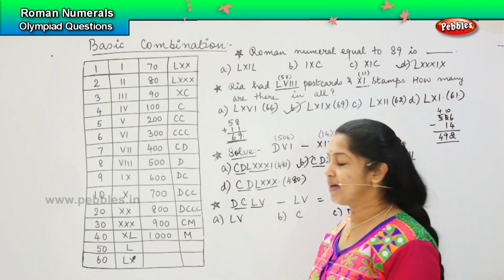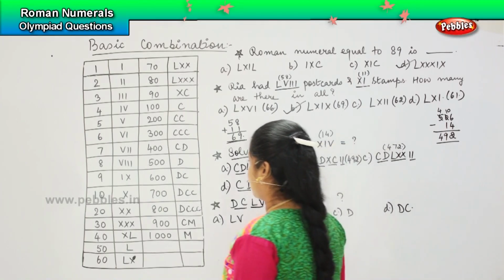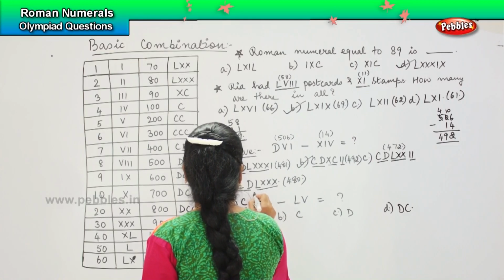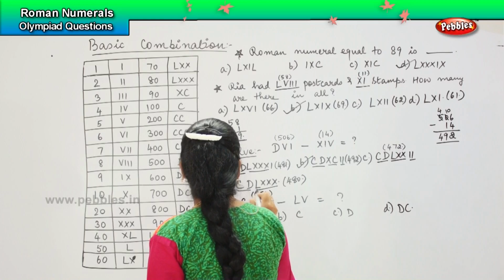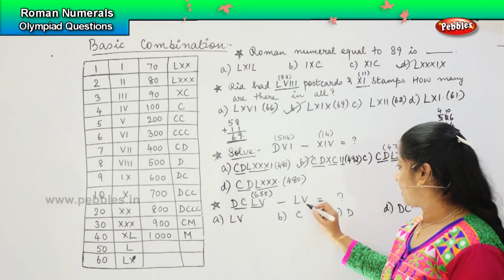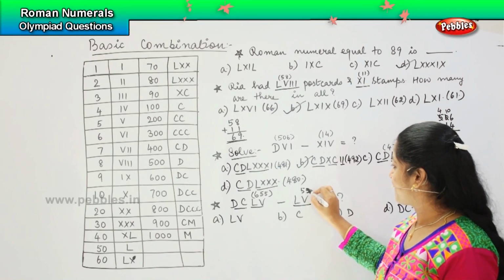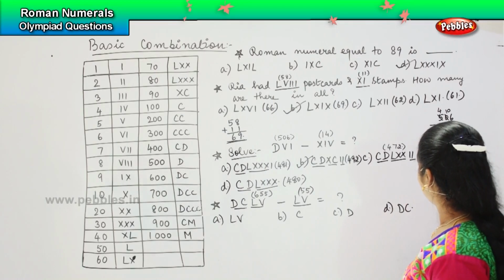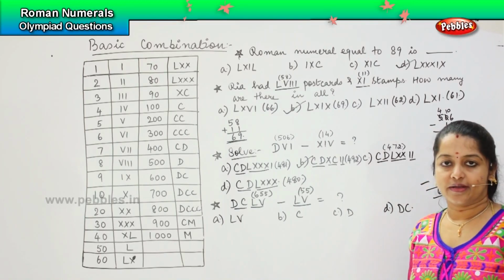And LV is how much? 55, right? So this is 655. Okay, and LV is again 55. So now 655 minus 55 is how much, children? Yes, it is 600, right?